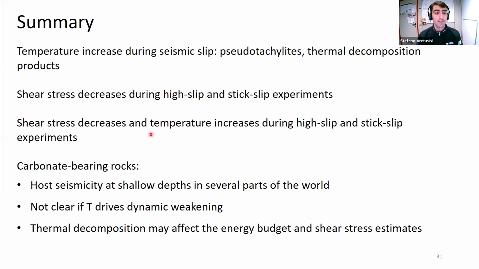At the same time, carbonate-bearing rocks host seismicity in many areas around the world. In this kind of rocks, it is not clear if temperature is driving dynamic weakening. And we know that the energy budget is affected by the reactions that take place in these rocks. And therefore, also the shear stress estimates are affected by the energy budget.